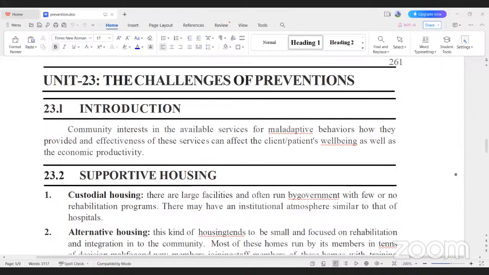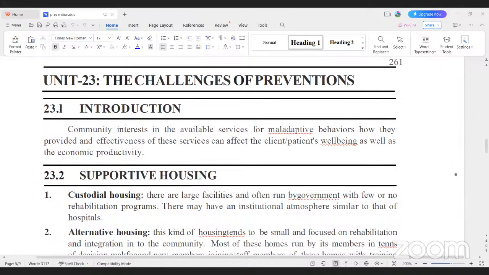And we discussed only how biological problems and societal problems create psychological issues. Psychological means what? Our thought process, and how it is influenced by some problems.